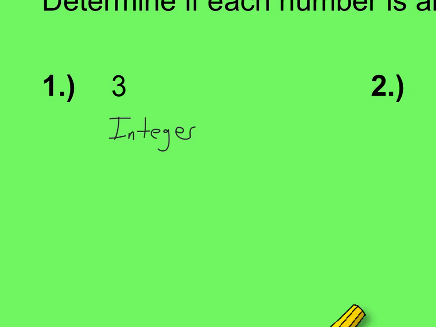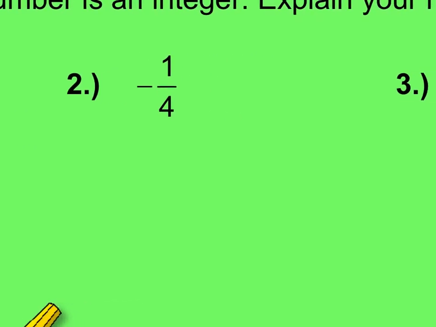Okay, let's look at number 2. We have -1/4. Well, it is a negative, but 1/4 is a fraction, and that means it is not an integer. So I'm going to write not an integer. And then you would write down a reason, and a really good answer would be -1/4 is not an integer because it is a fraction.